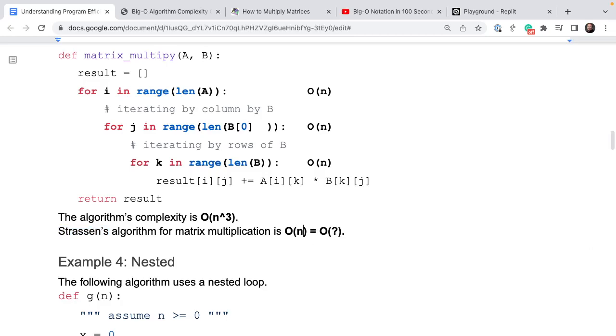It's still polynomial, but let me see, I wrote it down here. It's kind of a funny one. He got it down to n to the log base 2 of 7. So this is approximately n to the 2.807, and it goes on.